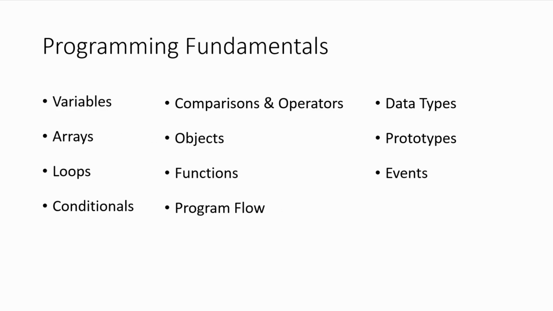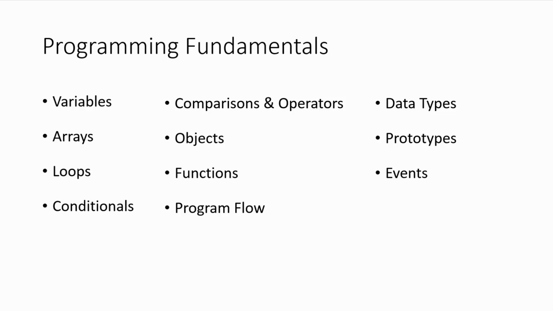So this is basically what we'll be going over in this mini course. Variables, arrays, which are just basically groups of variables. Loops are used to iterate through data and then do whatever you'd like, output it on the screen or whatever it may be.